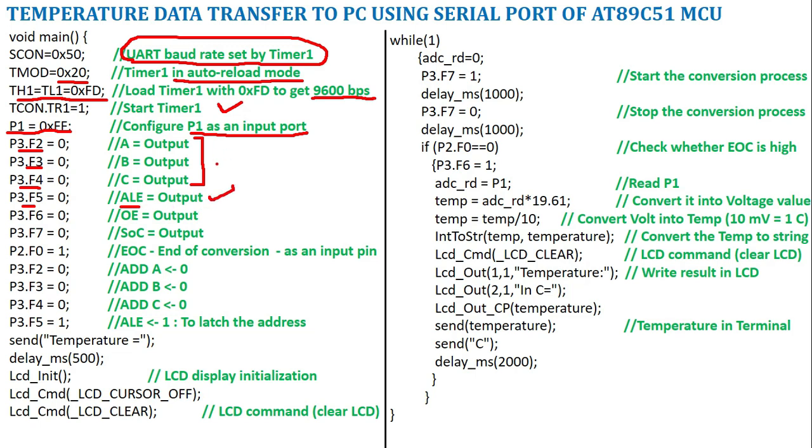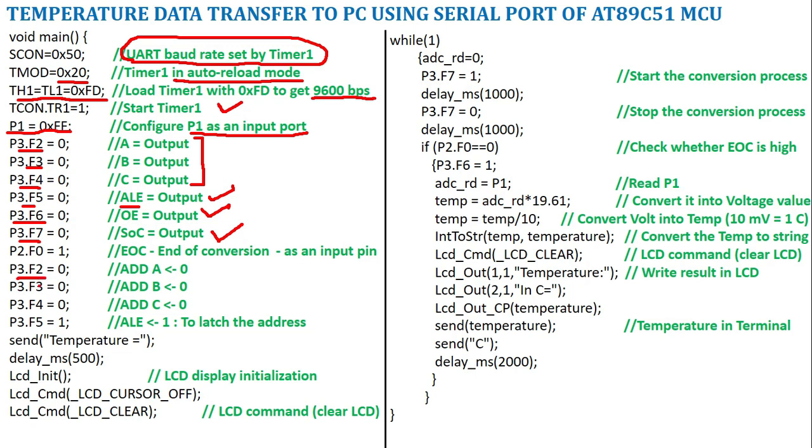After configuring these bits, I should also configure the output enable bit and the start conversion bit. Those are available on 3.6 and 3.7, so both will be configured as output lines. Once the ports are configured, we have to set the values.